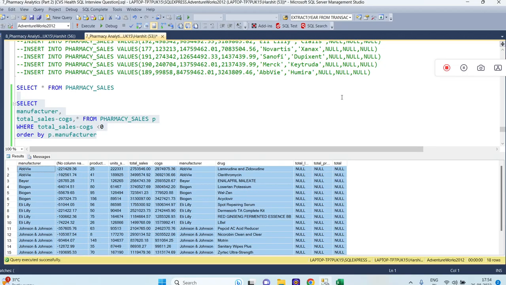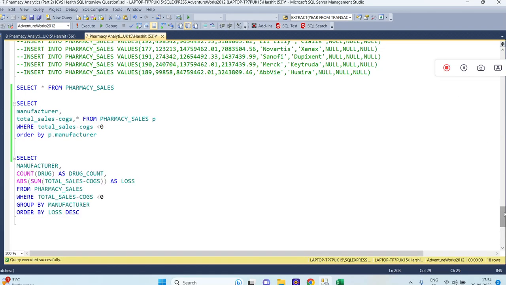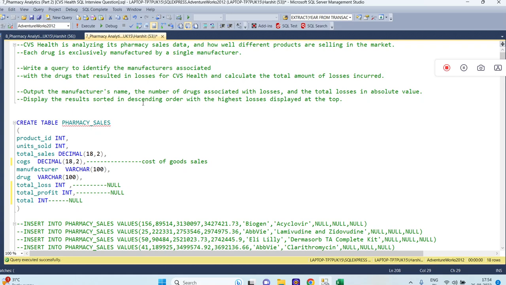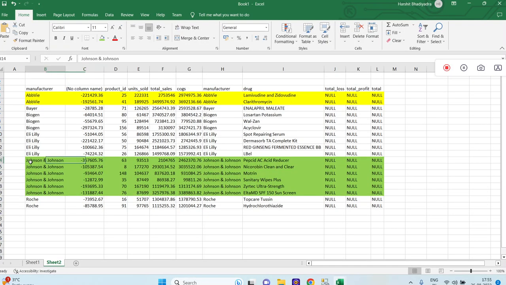So now understand the question again. Output the manufacturer name. So we require the manufacturer name, the number of drugs associated with the losses, right? So for Johnson and Johnson, how many drugs are associated with the losses?